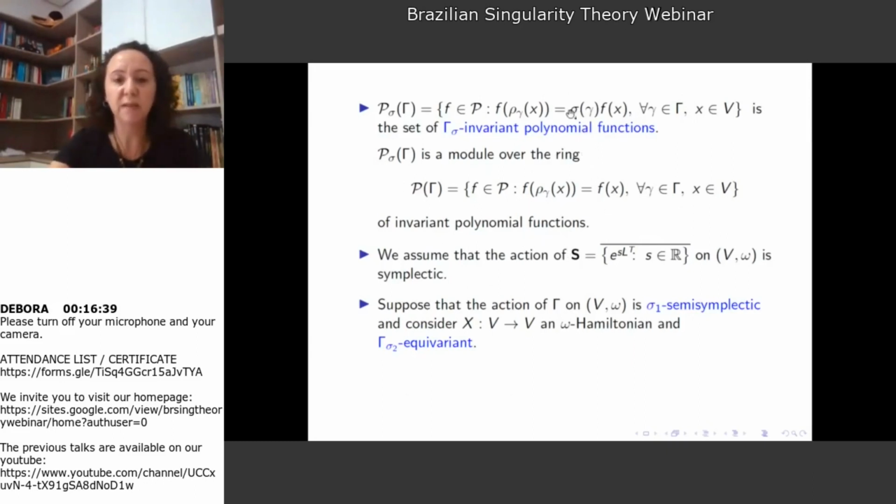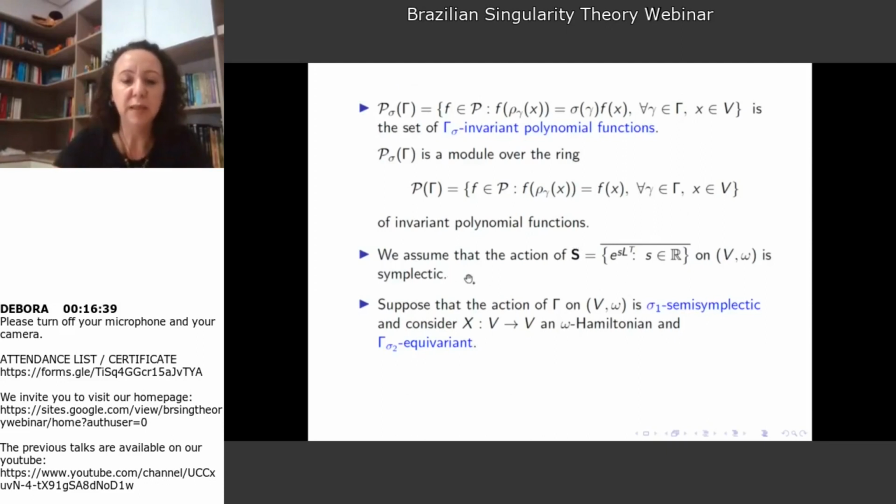Invariant means that the homomorphism is trivial: for all elements sigma, for all elements of gamma, sigma of gamma is 1. So this set has a structure of a model over this ring. We said before that when we obtain normal forms, this group S appears naturally.